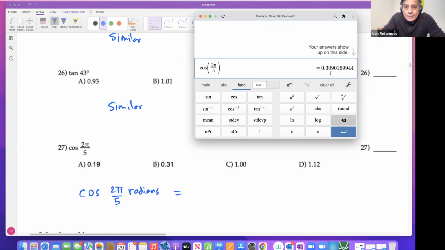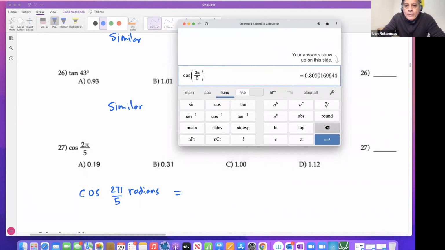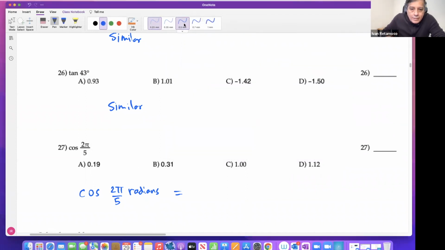Now this is the right answer, 0.309. They want you to round it to 2 decimal places, so 0.31, right? 0.31. Very good. This, right? It's tricky, guys. Be careful there, right? Yeah, I think with this we have enough.